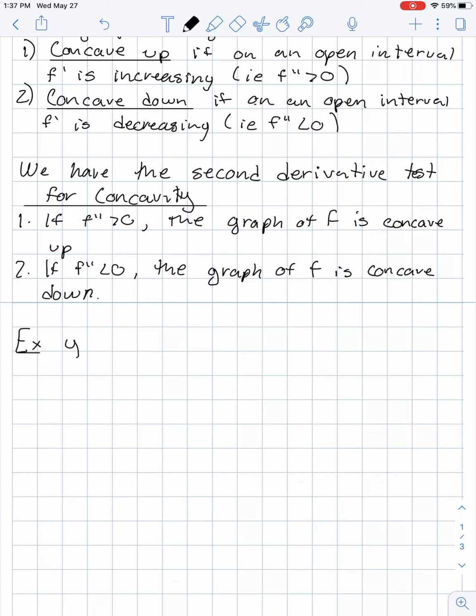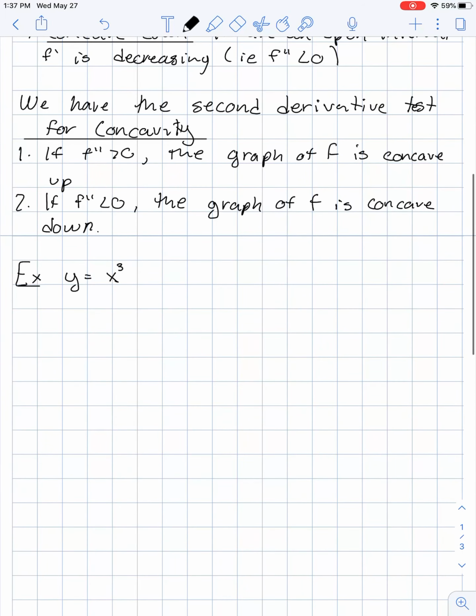So if we choose y equal to x cubed, we know that its derivative is, by power rule, 3x squared, and y double prime, excuse me, is going to be 6x. Perfect. Well, y double prime is only going to be negative if x is negative.